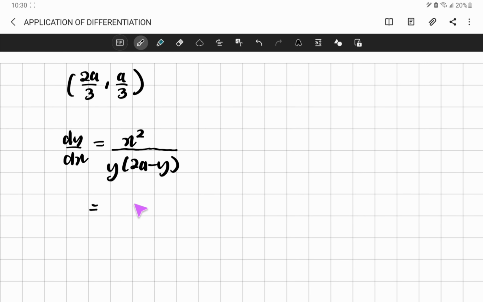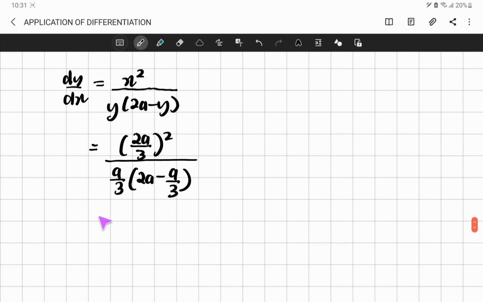We're going to get (2a over 3) squared divided by y, which is a over 3, times (2a minus a over 3).